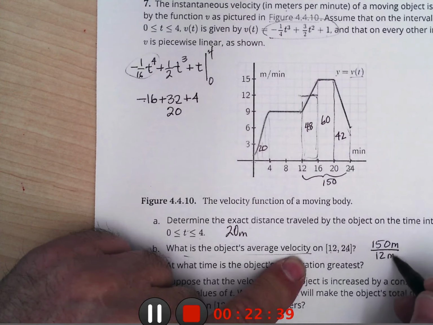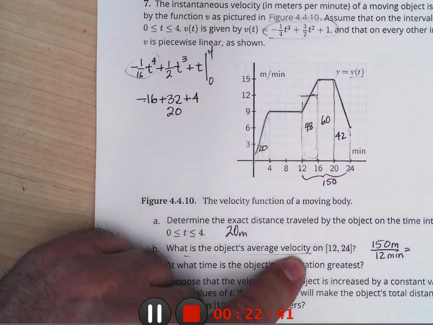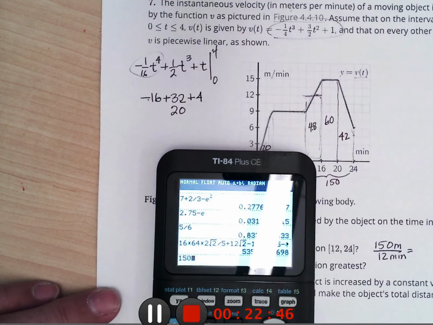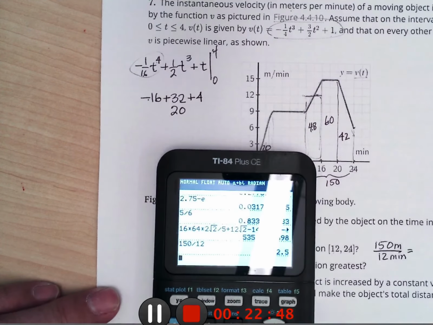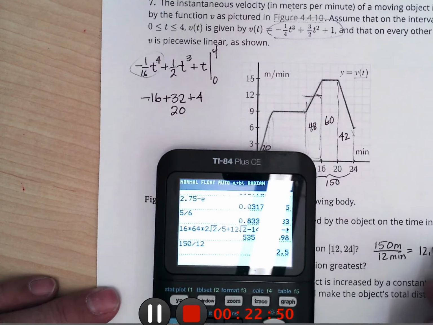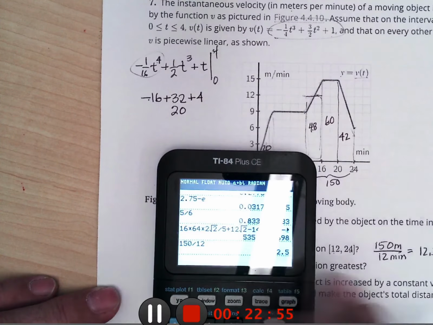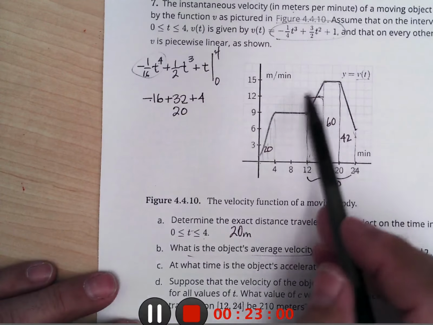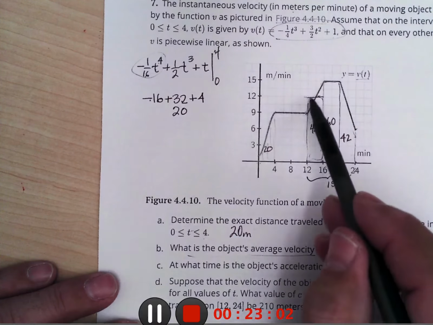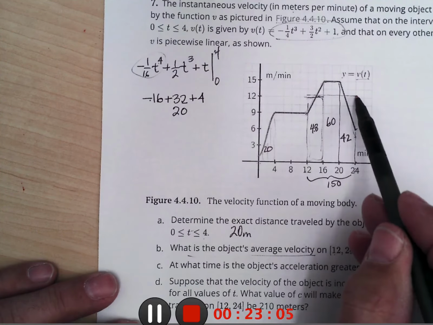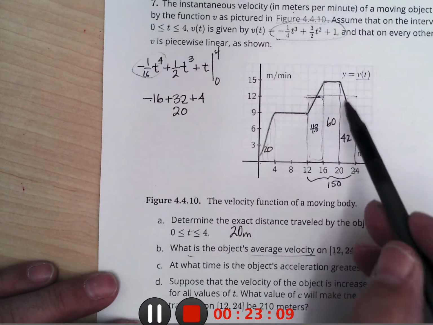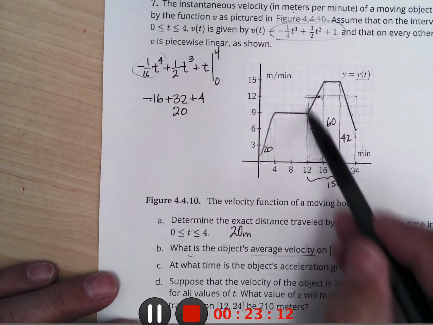And we get an average velocity of 12.5 meters per minute, which graphically means, excuse me, if we were to try to level this all off to one value, it would be 12.5. This would fill in that little corner there and fill in that triangle there and make it a rectangle, 12.5 high for 12.